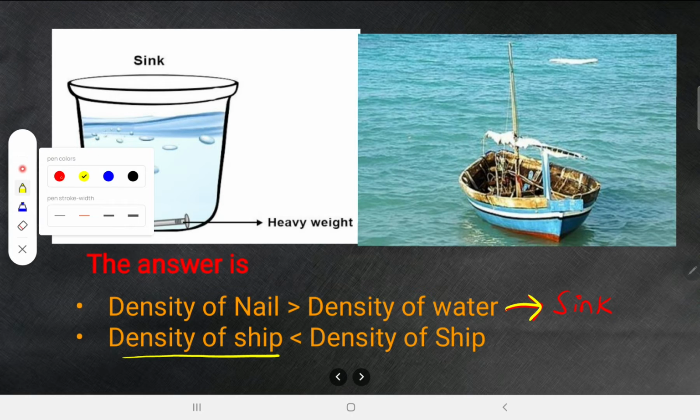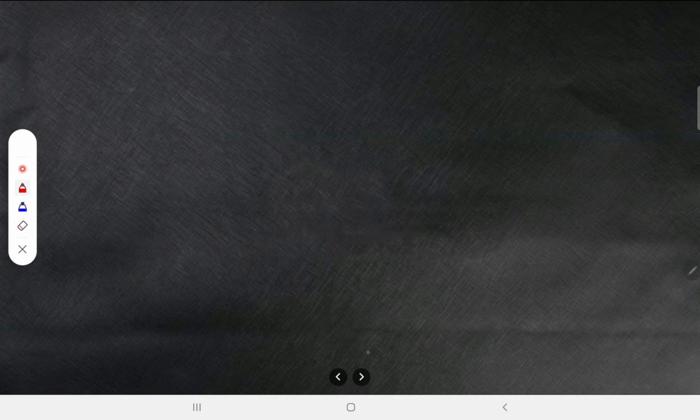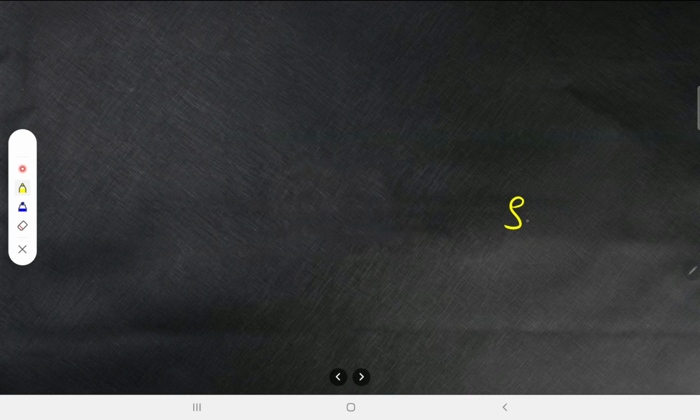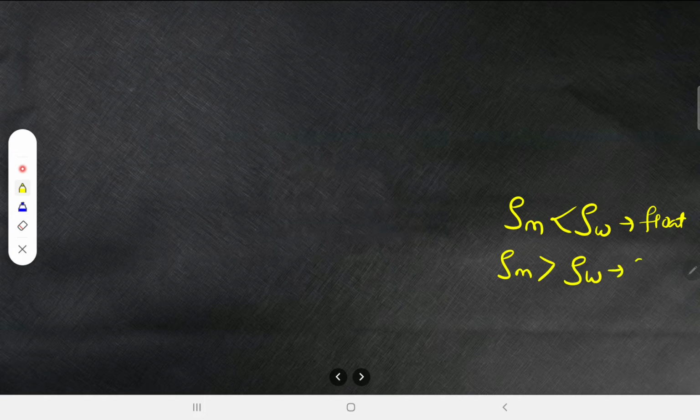Actually here it should not be density of ship, it should be density of water, I'm sorry. Please remember this. If the density of any material is less than the density of water, it will float. If it is greater than the density of water, it is going to sink. Please make a note of this.